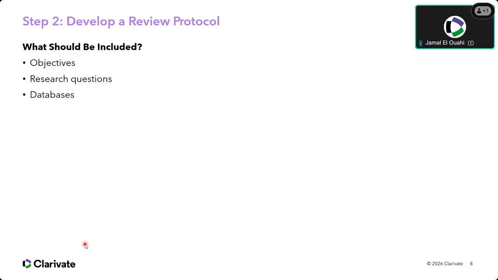The databases that you are going to use, it might be one or several databases. Today, we'll use the Web of Science. You can access it through the library at the university. And then we'll start talking about the search strategy. Which studies we will include.